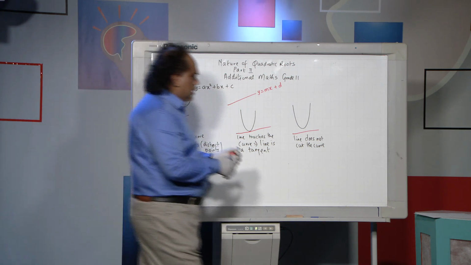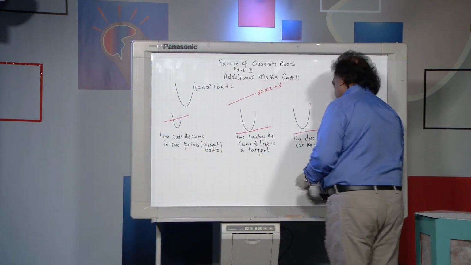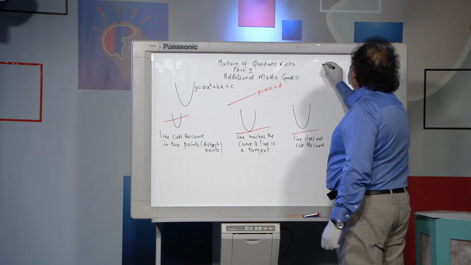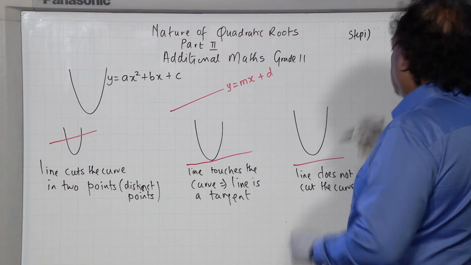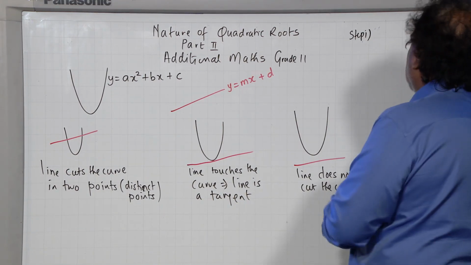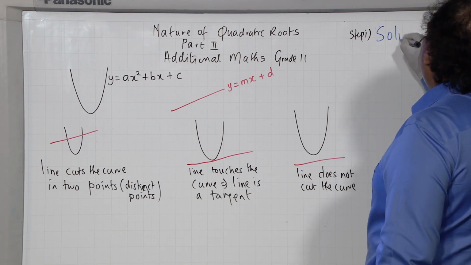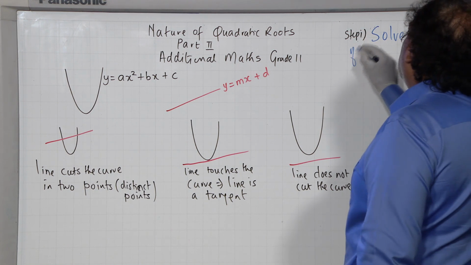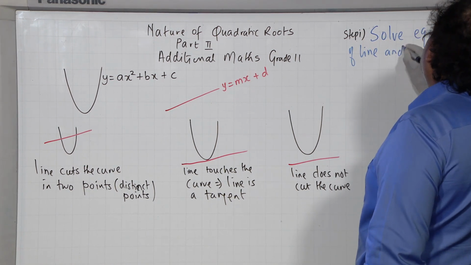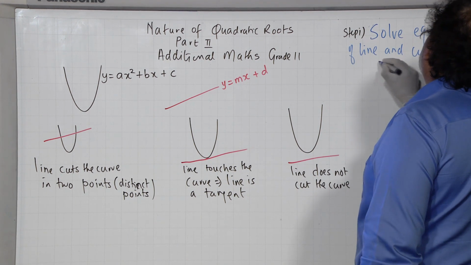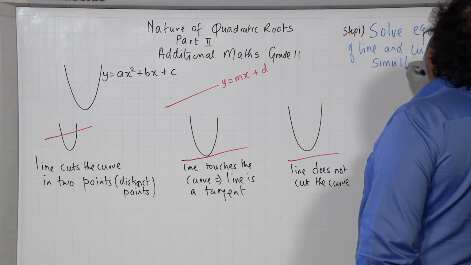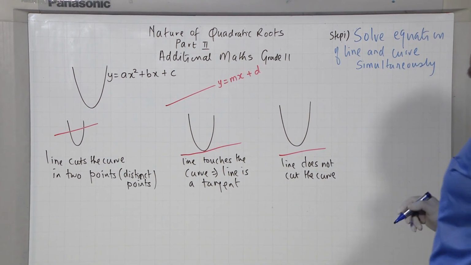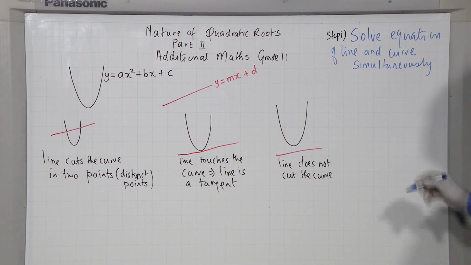So, the first step to find the point of intersection, step 1, would be: solve the equation of line and curve simultaneously.